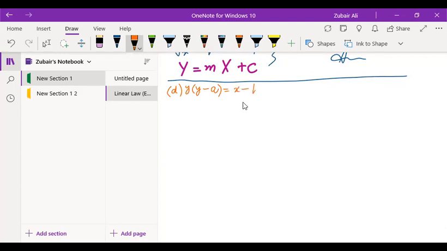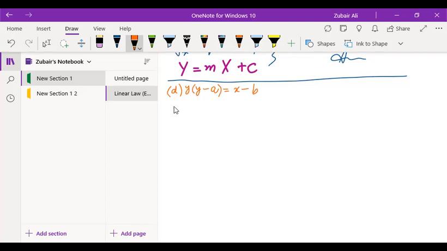So in this we can already identify that we have a value which is negative b, which can be considered as the y intercept.